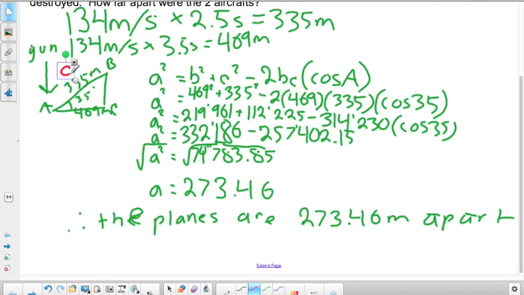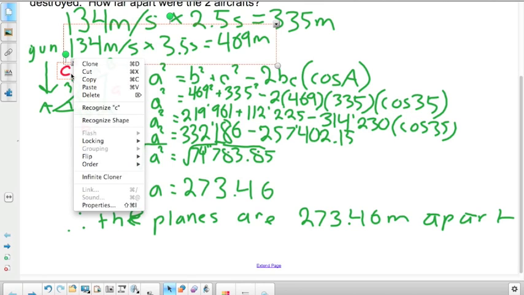So that's C. This is A, and then B. I should have rebooted my laptop this morning. Okay. So for side C, you could actually use the number 2.5. For side B, you could use the number 3.5.